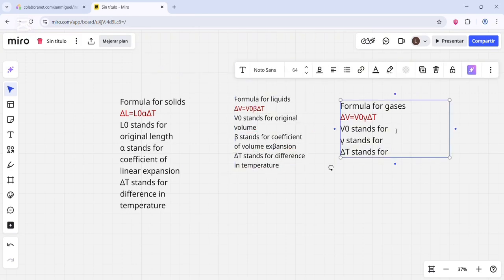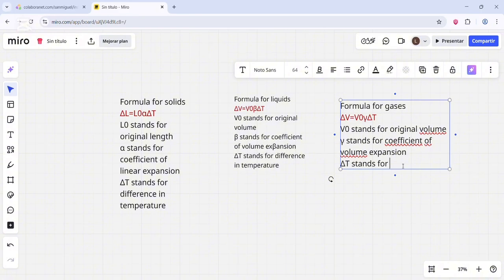With gases, V0 stands for original volume. Gamma stands for coefficient of volume expansion. Change in temperature stands for the difference in temperature.